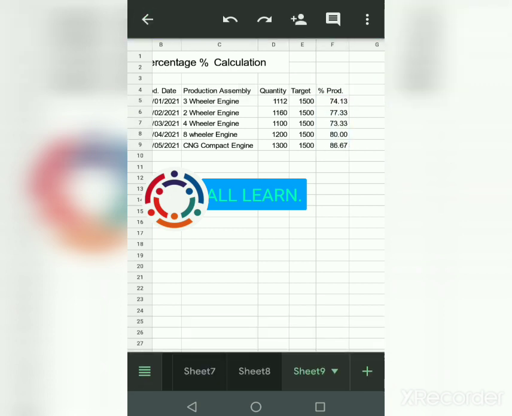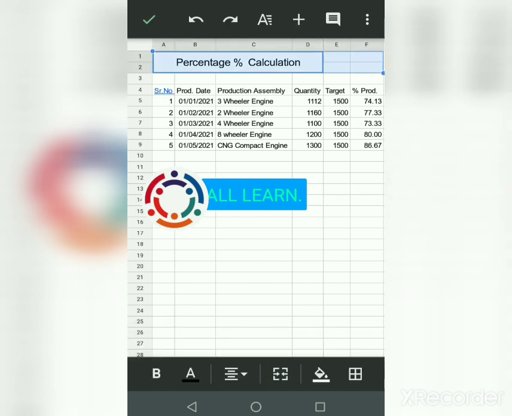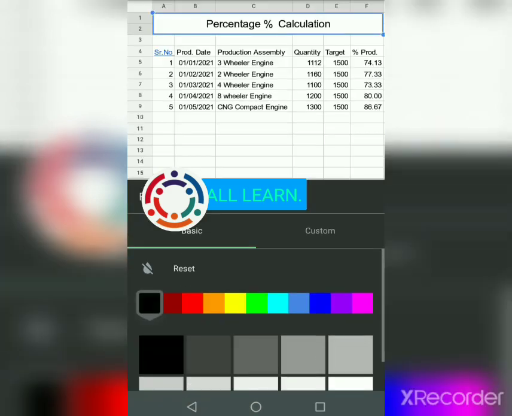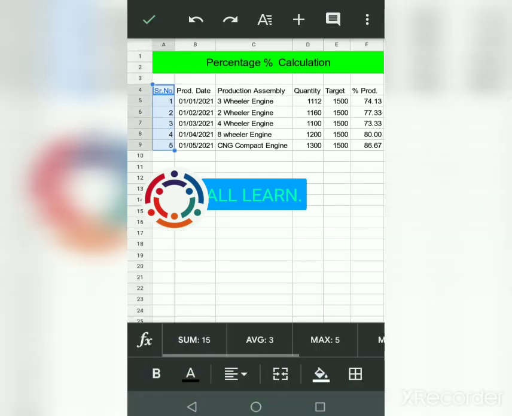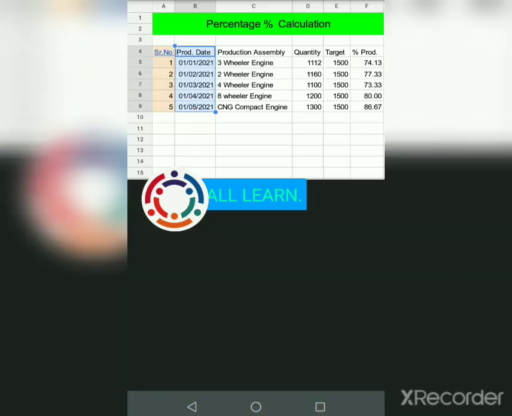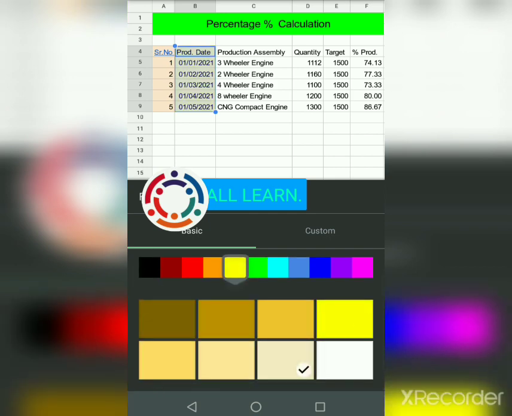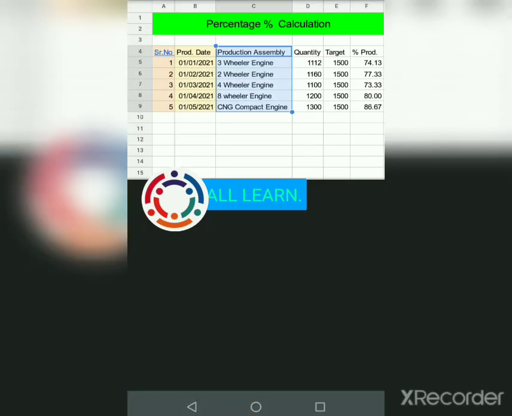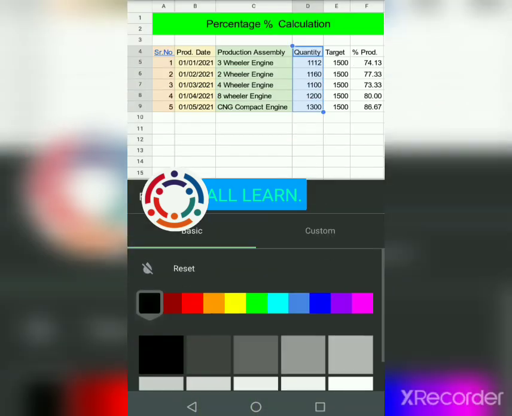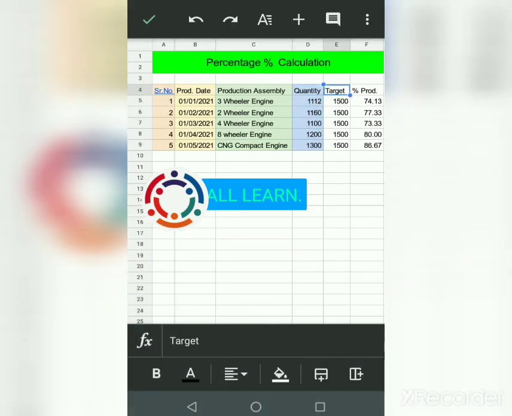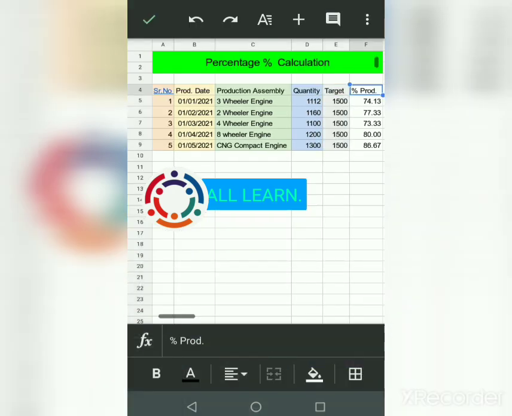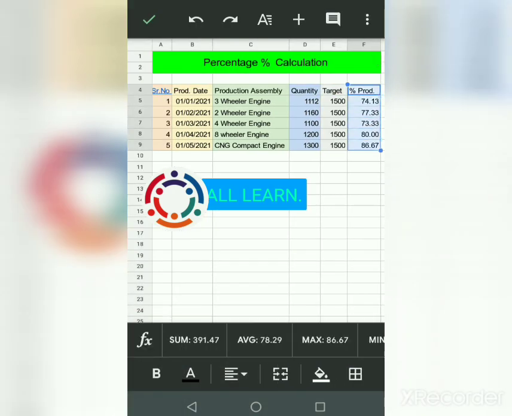Next, today we learn how to calculate percentage calculation, production percentage. In this video I can color this serial number, target and production percentage.